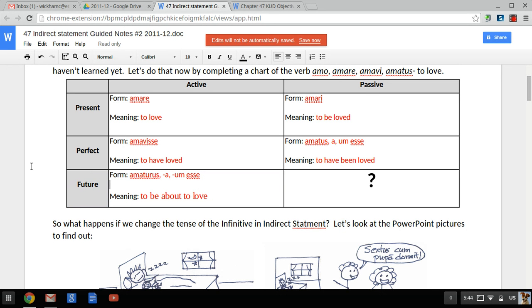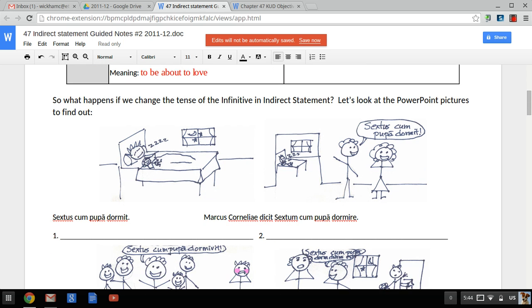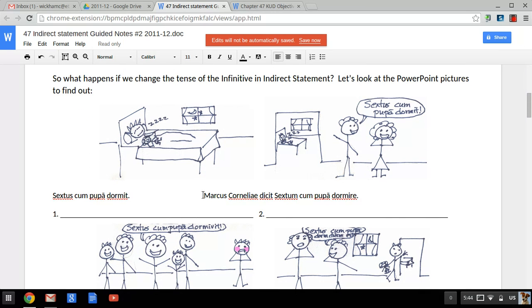So what happens if we change the tense of the infinitive in indirect statement? Let's look at the PowerPoint pictures to find out. We've got a couple little formatting glitches here, so bear with me while I make these a little more comprehensible.